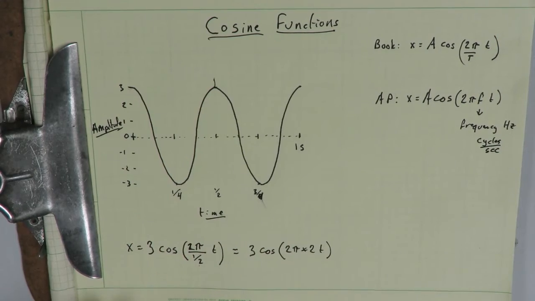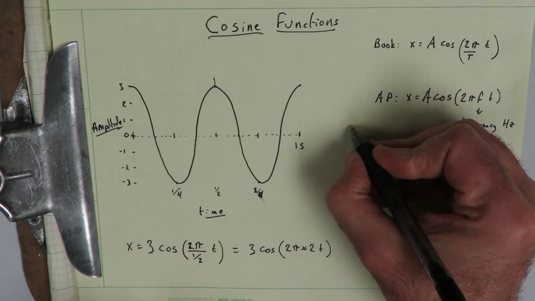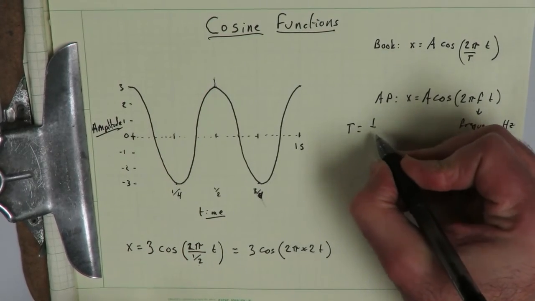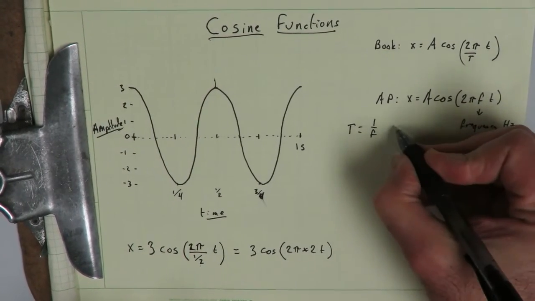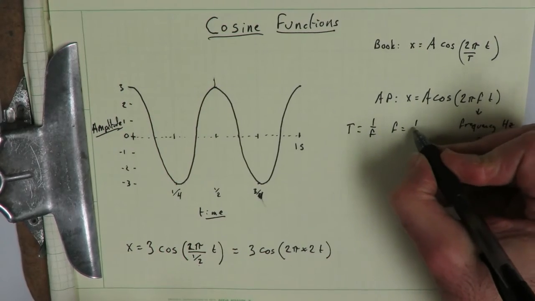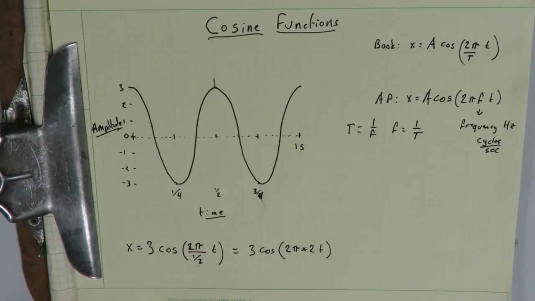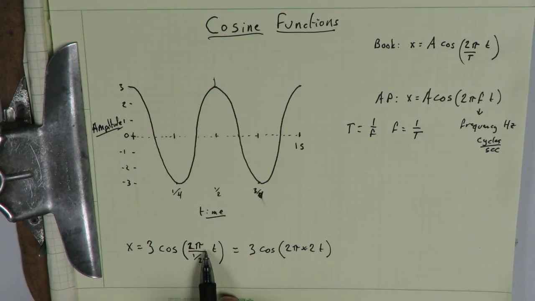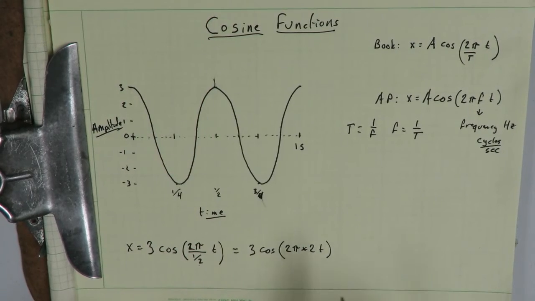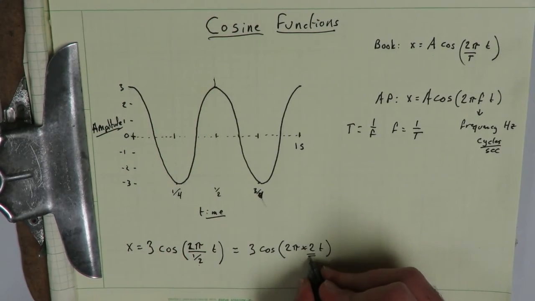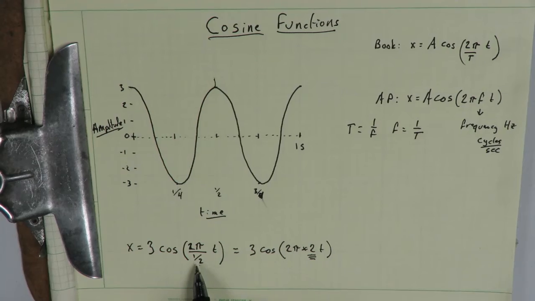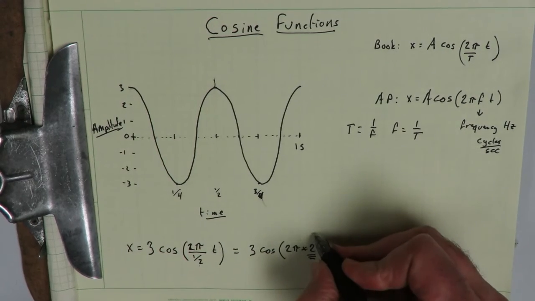Okay? Now, what does this mean? As you recall, the period is the inverse of the frequency, and likewise, the frequency is the inverse of the period. So what did we do here? We took the period, T, and we took the inverse of it because it made the equation neater. So this 2 right here is the inverse of the period, which means that this is the frequency.